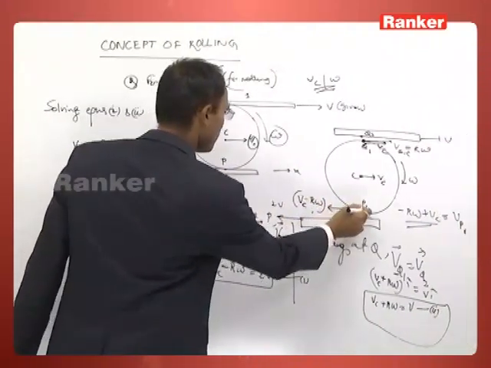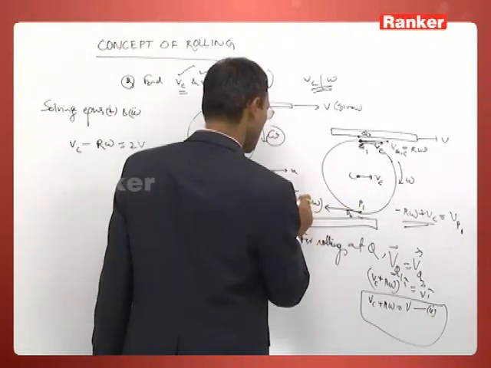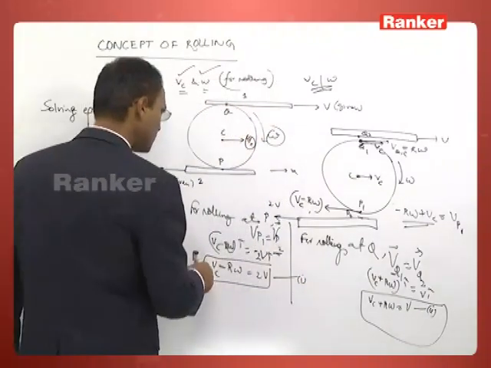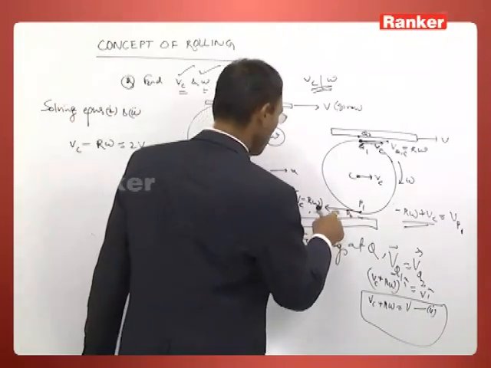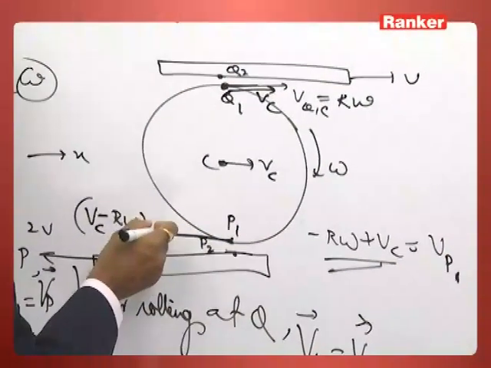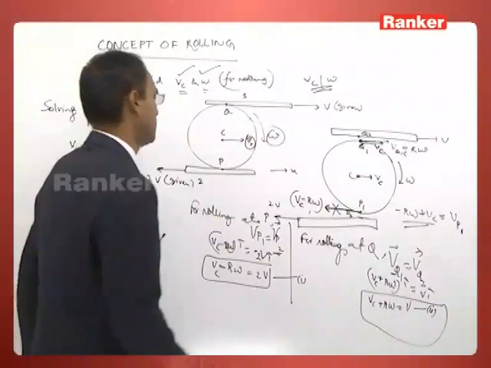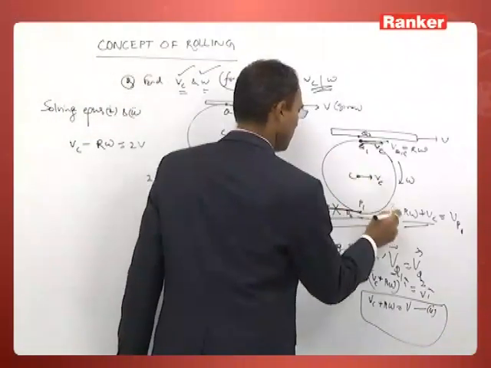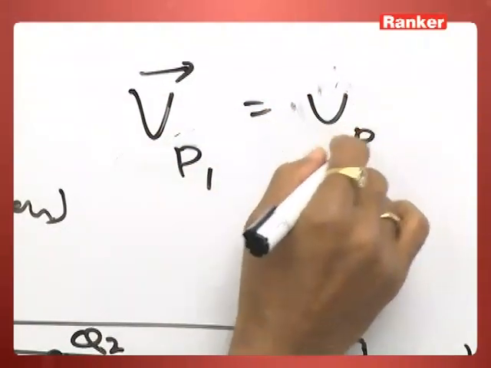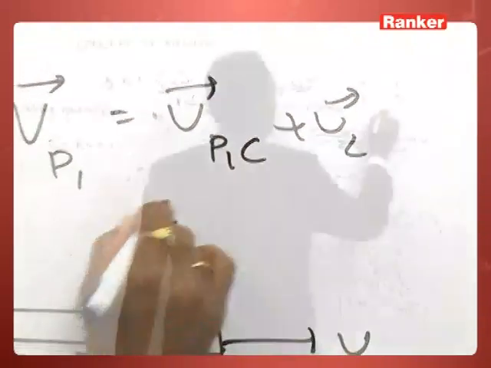The velocity of this point, minus r omega plus Vc, will be equated with minus 2v, and direction wise you may write in this way, but that's actually incorrect. Vp1 is equal to Vp1c plus Vc.